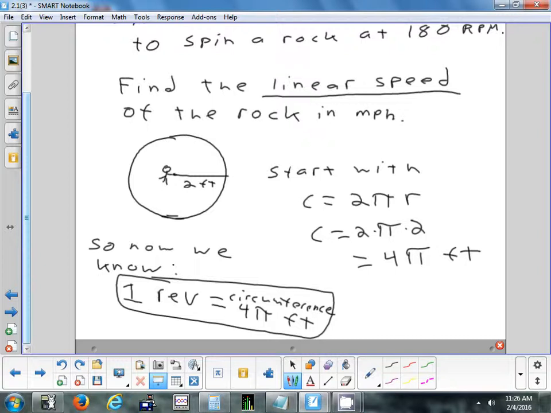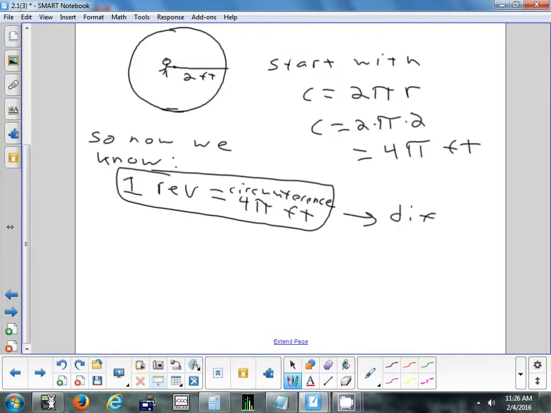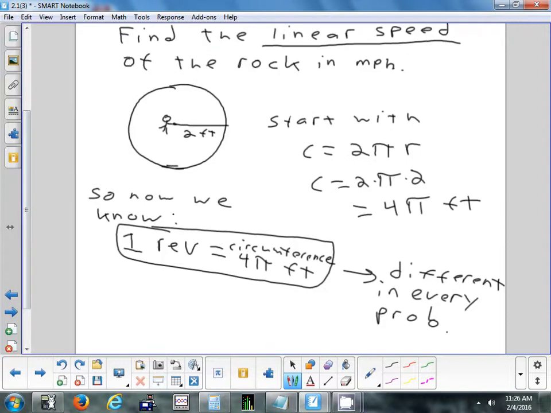Bigger radius, bigger circumference. So this is a conversion that's different in every problem. The only time this conversion would be the same is if you did another problem about something with a 2-foot radius. There's that many feet in a revolution.